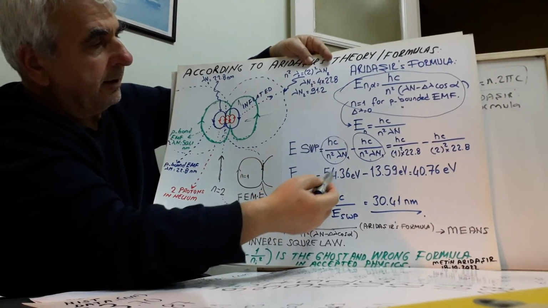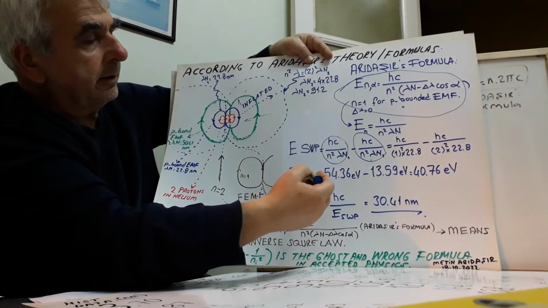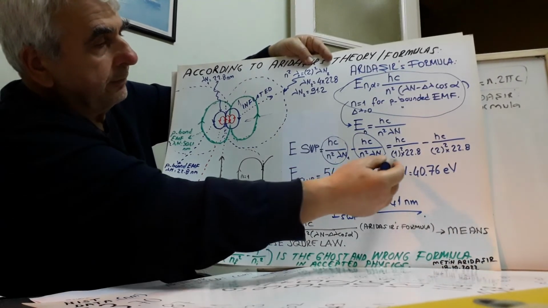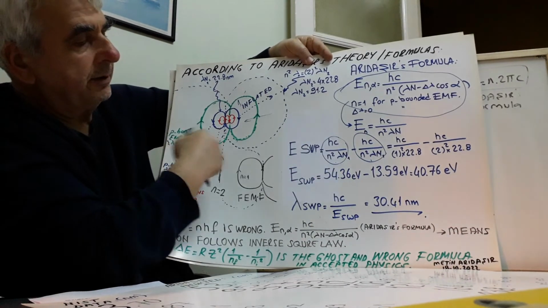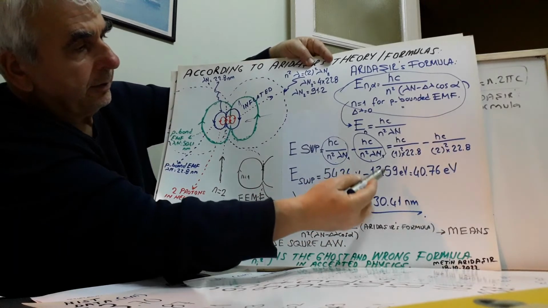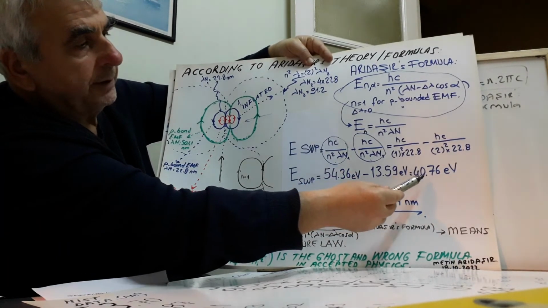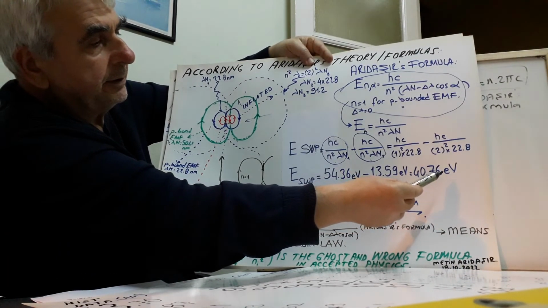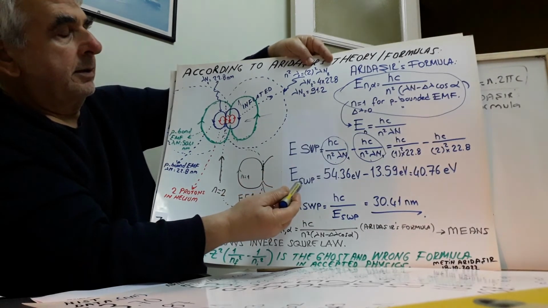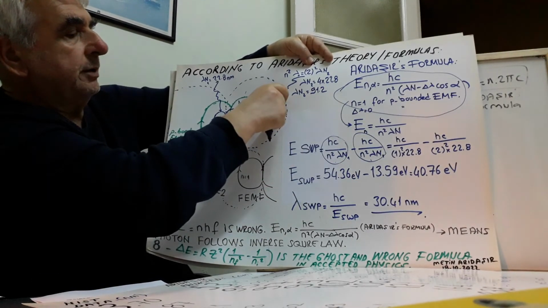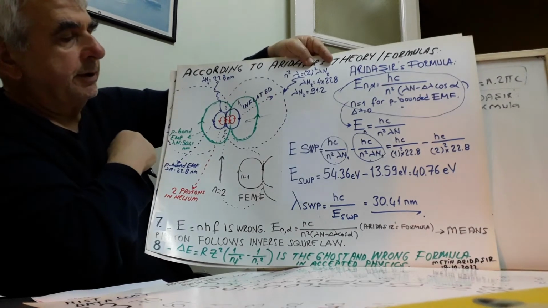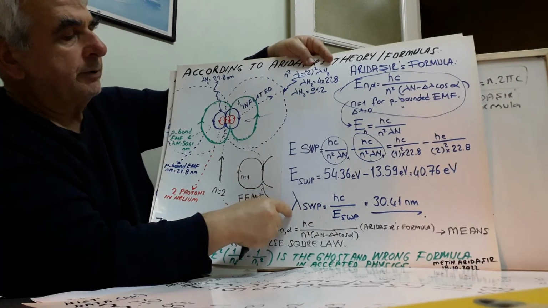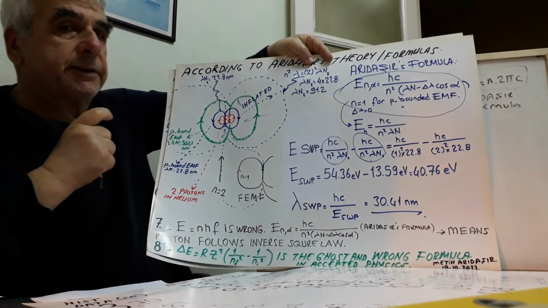Then I found the difference of 2 points energy, and here 40.76 electron volt, the difference between 2 points energy, and it corresponds to this wavelength, the single wave pulse wavelength.